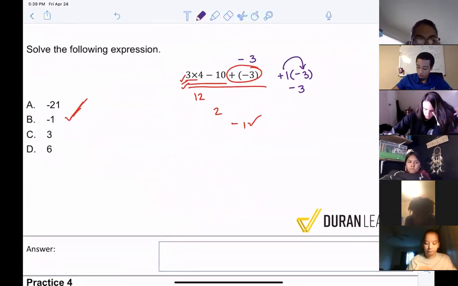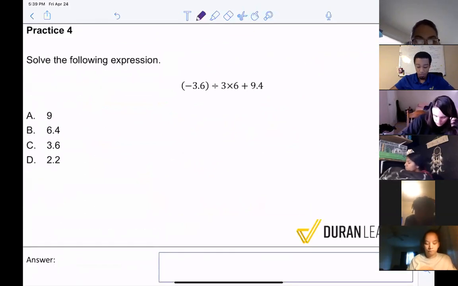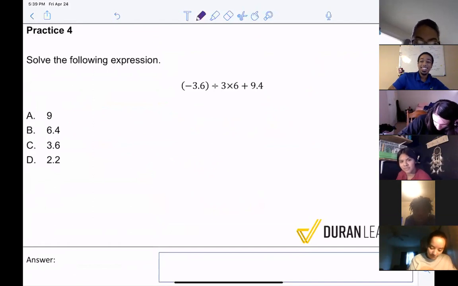3, 2, 1, go. 57 seconds. Never mind. Actually, a minute and a half. Decimals. Go.